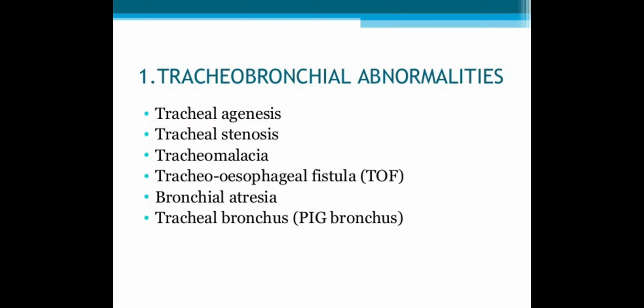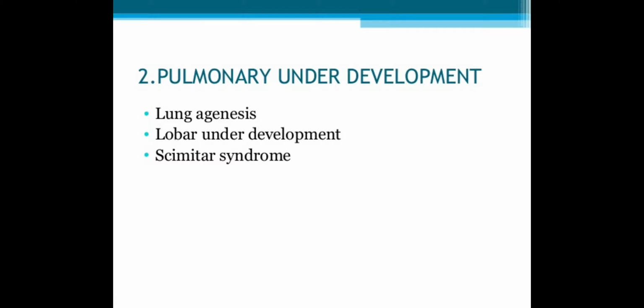Tracheobronchial abnormalities include tracheal agenesis, tracheal stenosis, tracheomalacia, tracheoesophageal fistula, and bronchial atresia, tracheal bronchus. Pulmonary underdevelopment, we have lung agenesis, we have lobar underdevelopment, and scimitar syndrome.